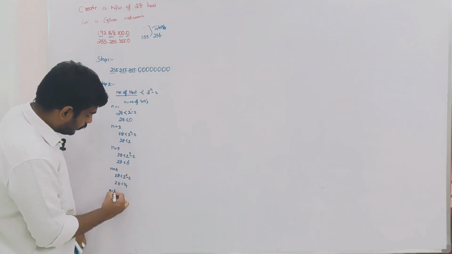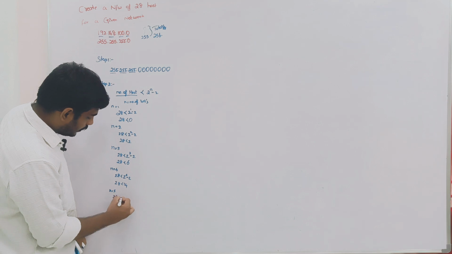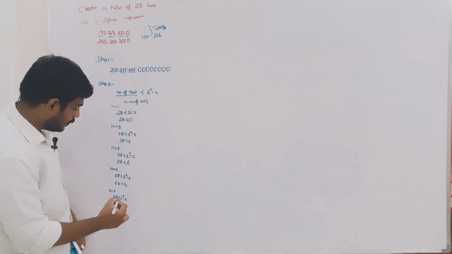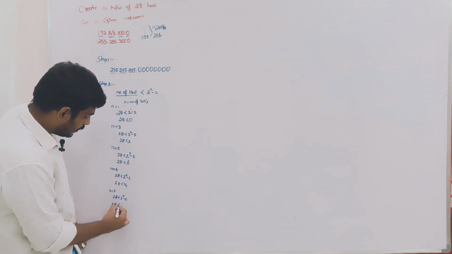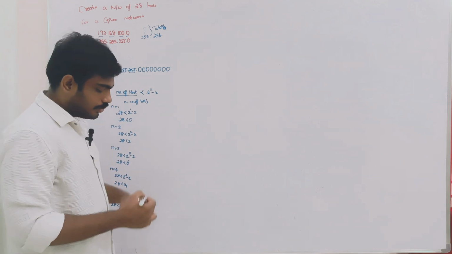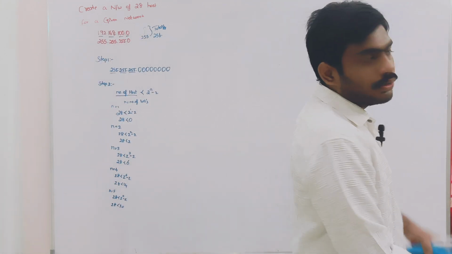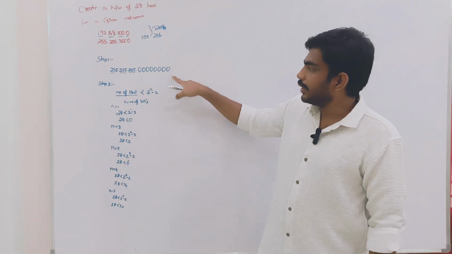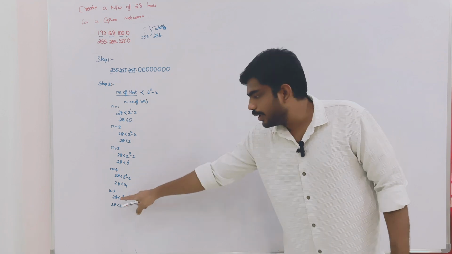N equal to 5: 2 power 5 is 32, 32 minus 2 is 30. Is 28 less than 30? Yes, obviously it is true. So the number of bits required in the host portion is 5 bits.